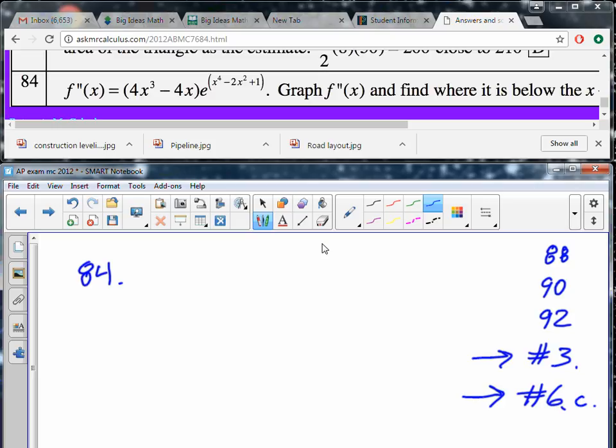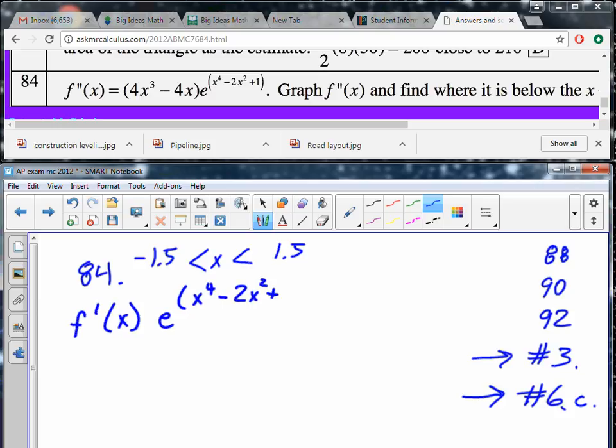84. Let's try to get it in real quickly. Okay, it says for the interval x greater than negative 1.5, less than 1.5, let f be a function whose first derivative, f prime of x, equals e to the x to the fourth minus 2x squared plus 1, minus 2.